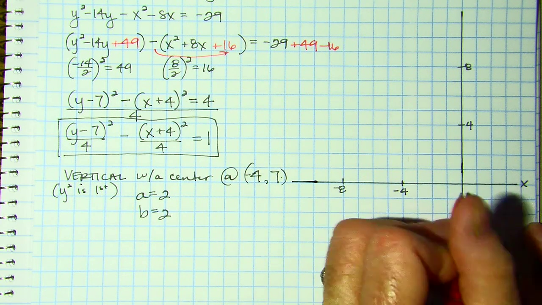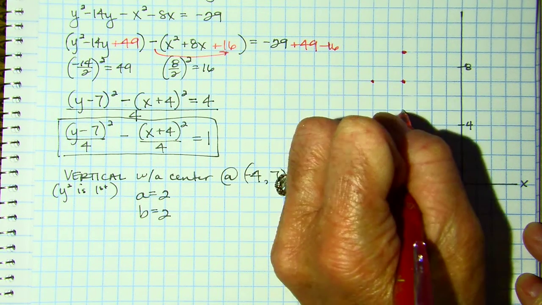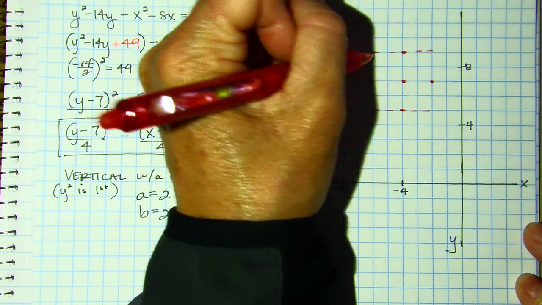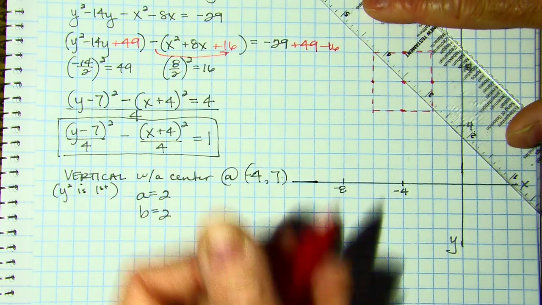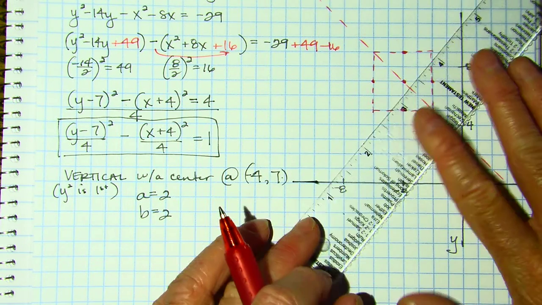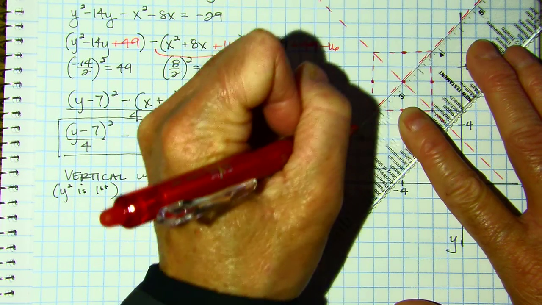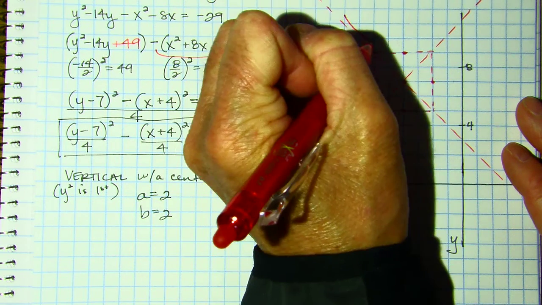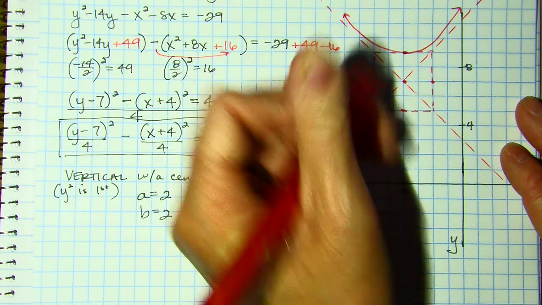So my center is at negative 4, 7, and I'm going 2 in every direction. And then lines through the corners. Those are your asymptotes. And it's vertical, so I should be drawing my hyperbola in the top and bottom and making it as wide as your asymptotes.